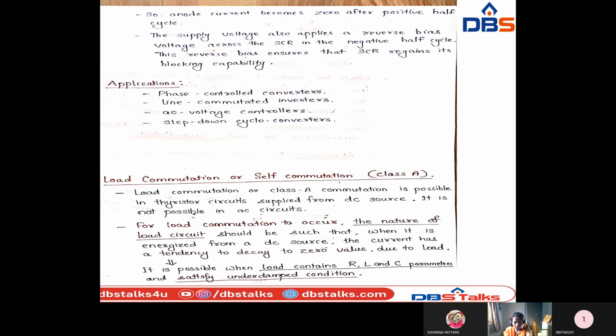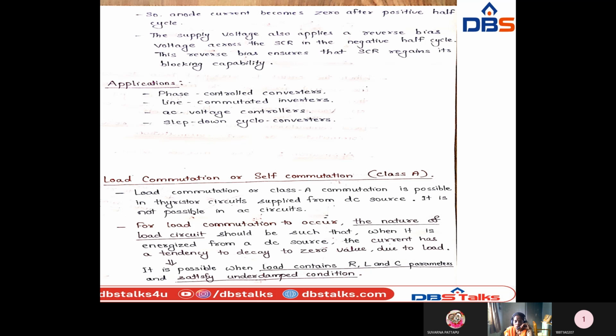Natural commutation applications are used in phase control converters, line commutated inverters, AC voltage controllers, and step down cycloconverters.